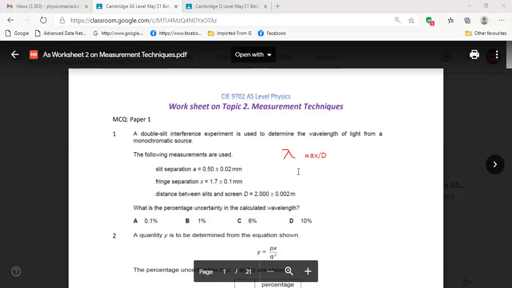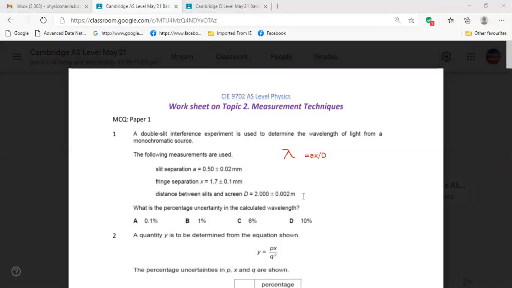Check again: 0.02 divided by 0.5 plus, okay. So what did you get now? 0.0998.